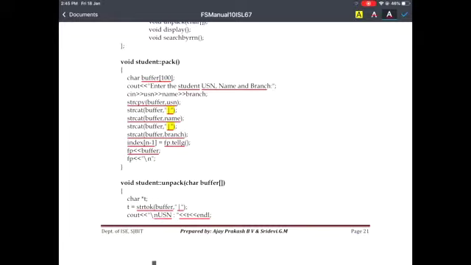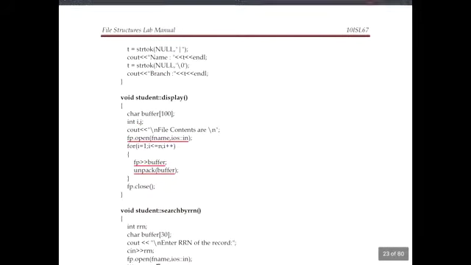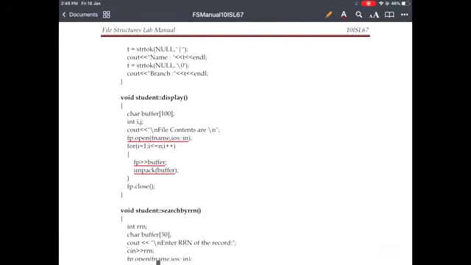The first one was the field USN, so that will be displayed onto the screen. Later we are going to continue and get the next field until the next delimiter, and we are again going to display it onto the screen. In the same way we are going to display the branch also.